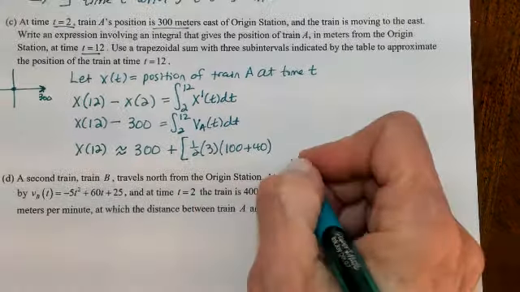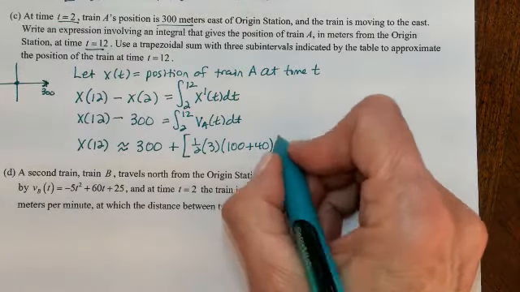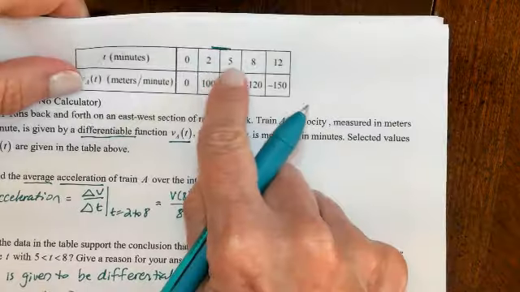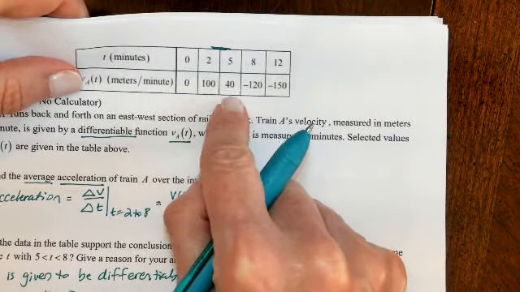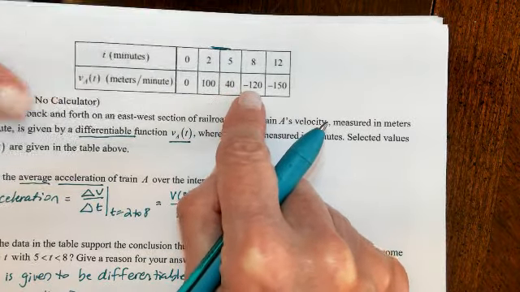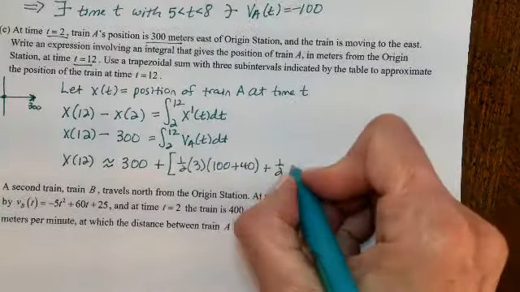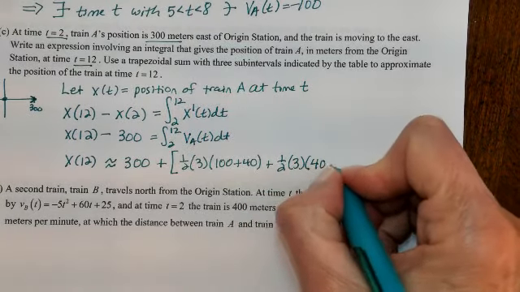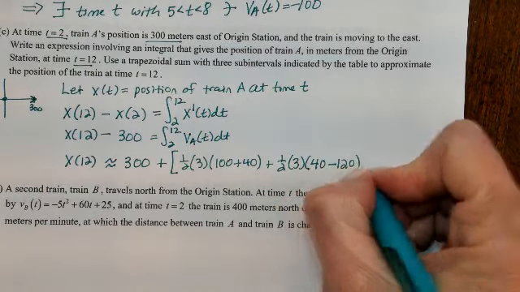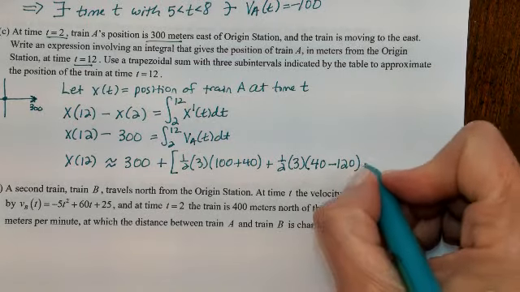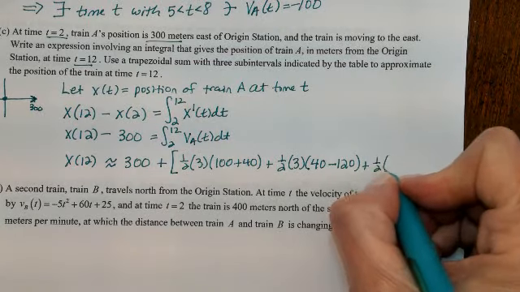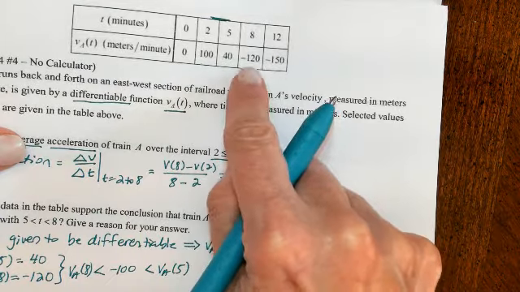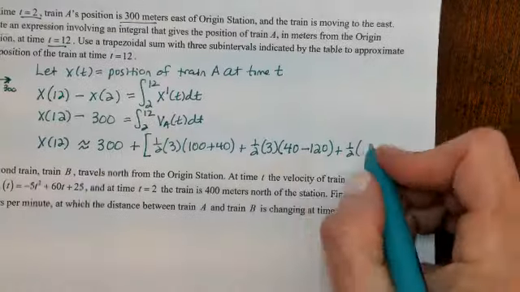Write it all out. Don't actually add 100 plus 40 there. The next trapezoid will be base is 3, heights are 40 and negative 120. So 3 times 40 plus a negative 120. And then one more. Then last base is 4, and the heights are negative 120 and negative 150.